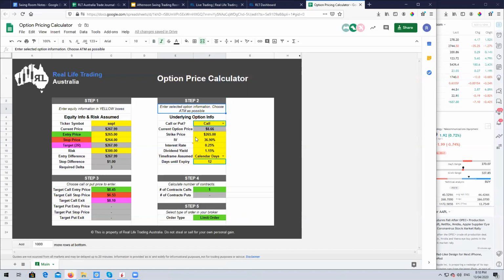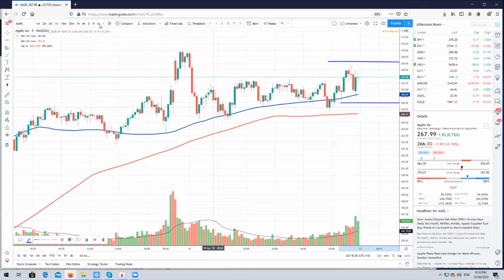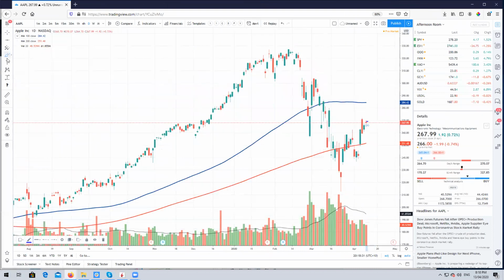So I know it's fairly rough, but you kind of get it. It's got the nice little steps here for you, step 1, 2, 3, and 4. Have a play around with it. It's really intuitive. The option price is pretty much smack bang in between the bid and the ask price. If you're looking at a stock chart and you want to buy an option, you can know what the price of the option is going to be here.